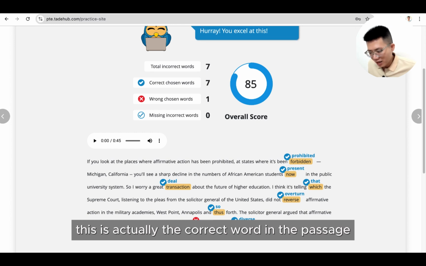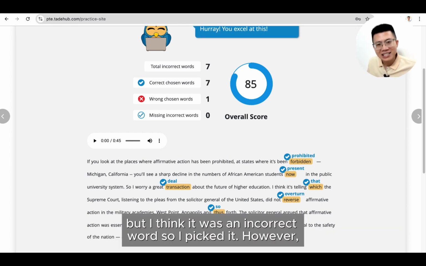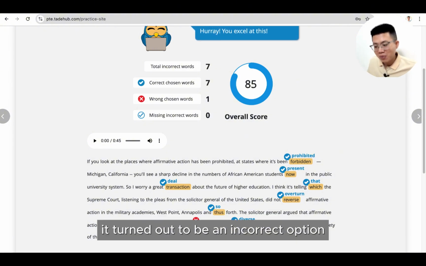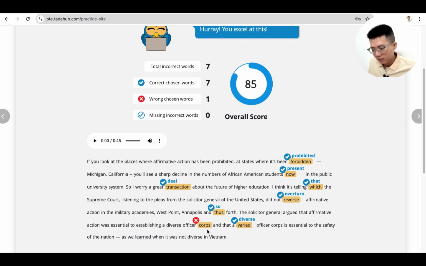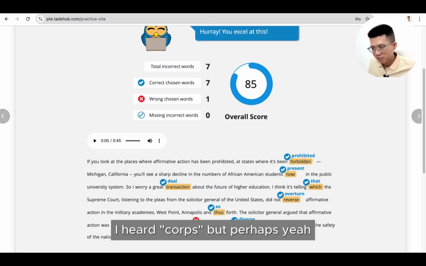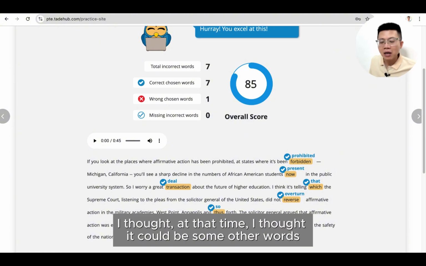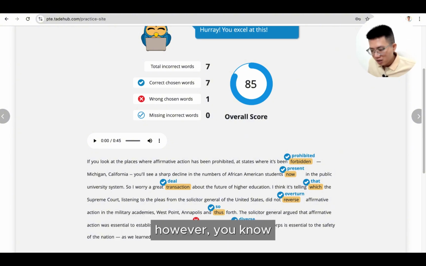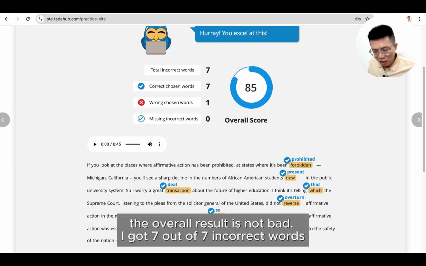This is actually the correct word in the passage, but I think it was an incorrect word, so I picked it. However, it turned out to be an incorrect option. Cups. I heard cups, but perhaps I thought at that time it could be some other words. However, the overall result is not bad.